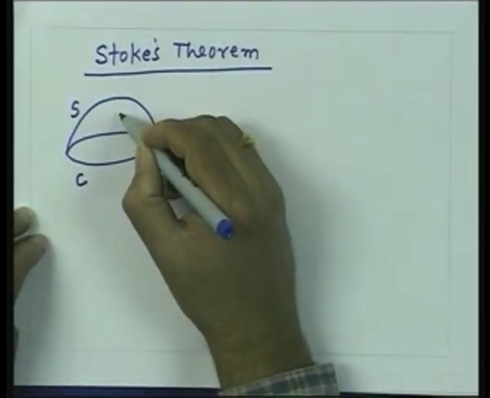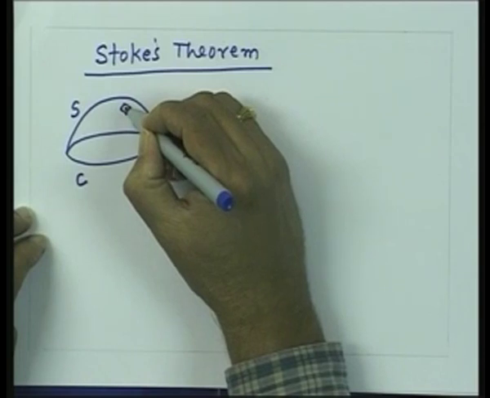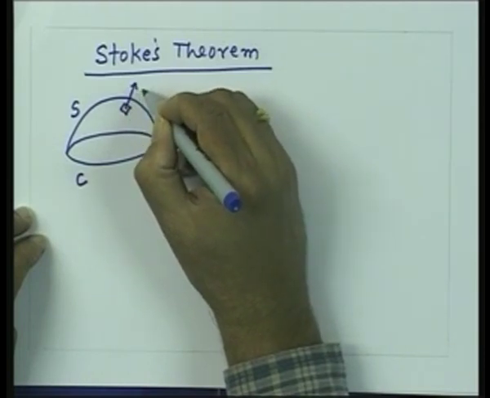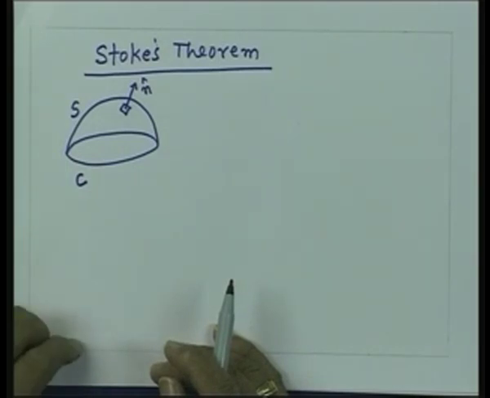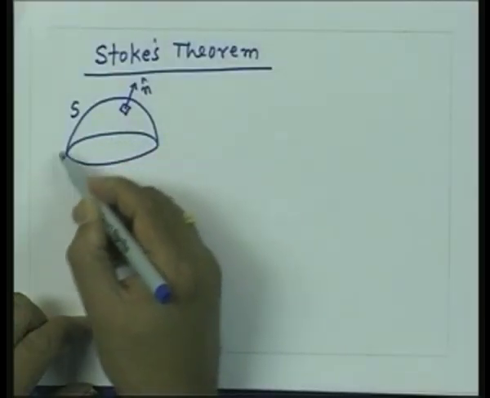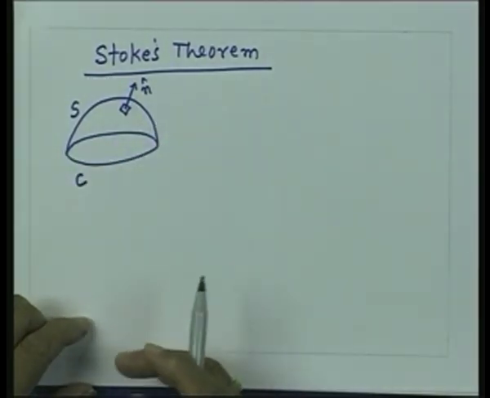Now, I can have a unit area here and that is the direction of, let us say, n, which is the unit vector for the area. Then I have this contour for which I have to define the direction of dl, because when I do contour integration I will require dl.